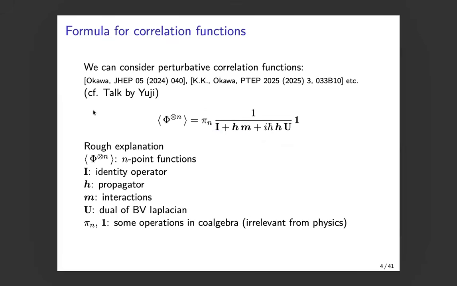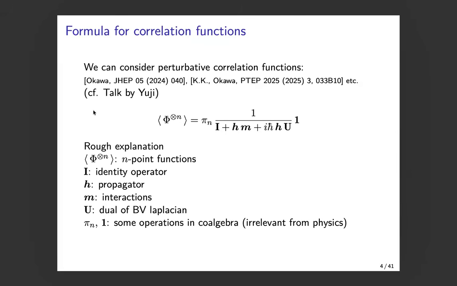Roughly speaking, the left-hand side is just the n-point correlation functions, and the right-hand side is our formula. I is just the identity operator, H is the propagator, M is the interactions, and U is the dual of the BP Laplacian. And pi n and 1 is some operators in the coalgebra, so this is irrelevant from physics.